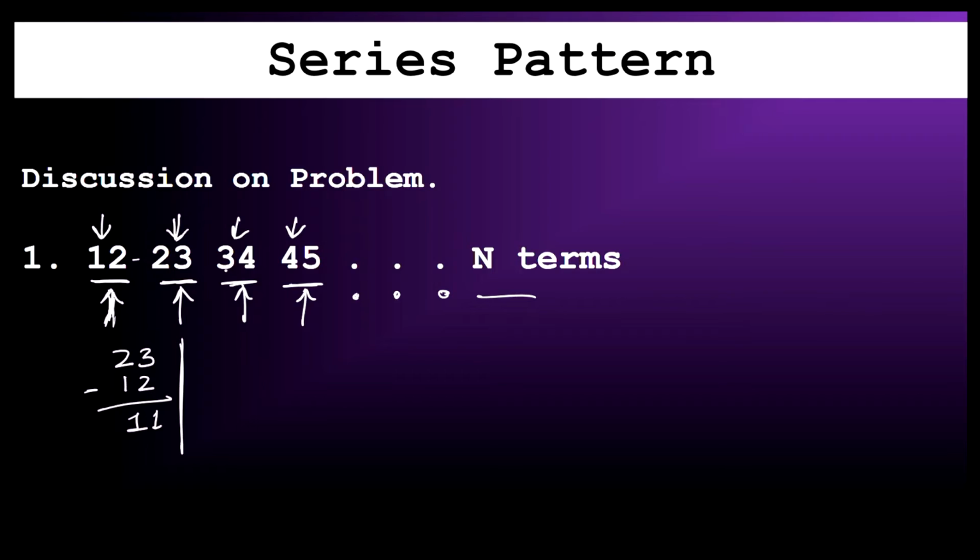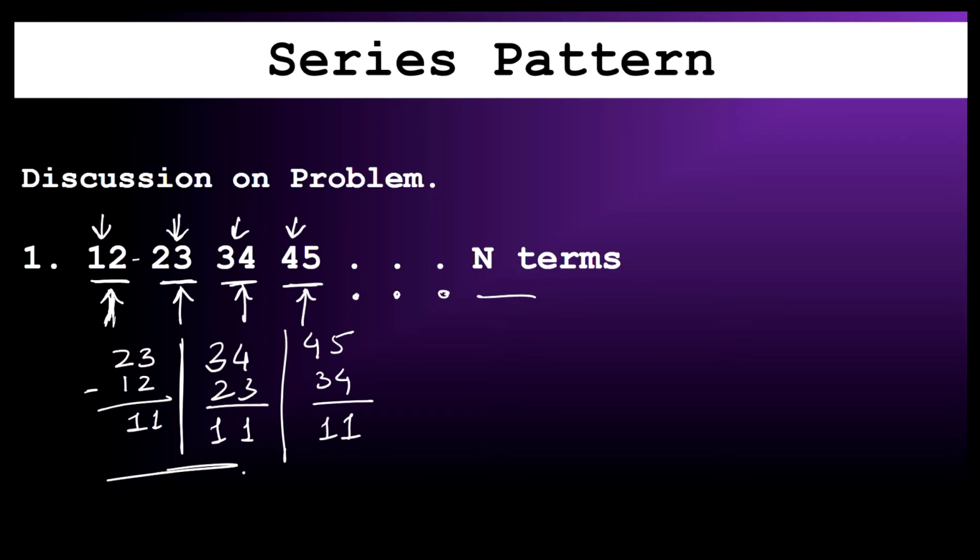Now if you see the difference between 34 and 23, it is 11. Similarly, between 45 and 34, it is also there. So what will be my logic? I print the first term, and if I add 11 consecutively to this, we will get our second term, third term, fourth term, up to the nth term, like this consecutively, right?